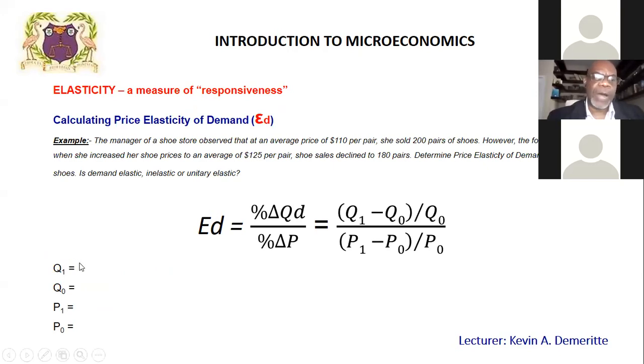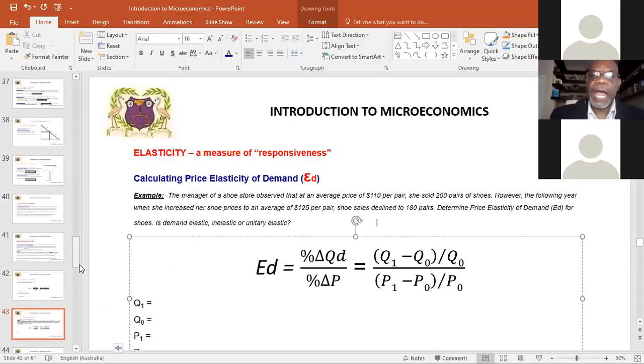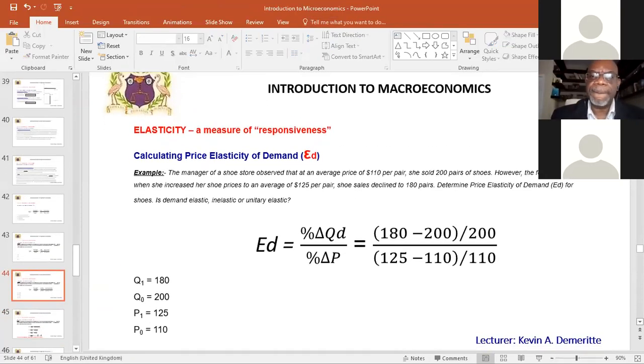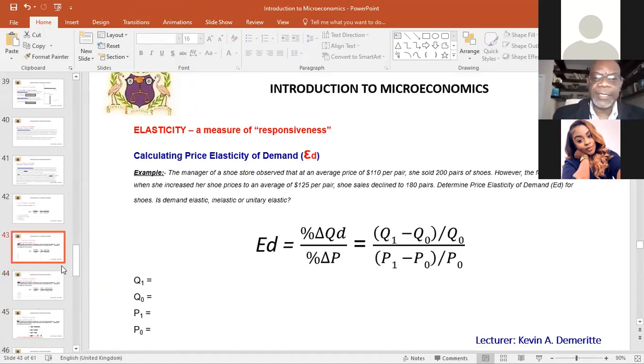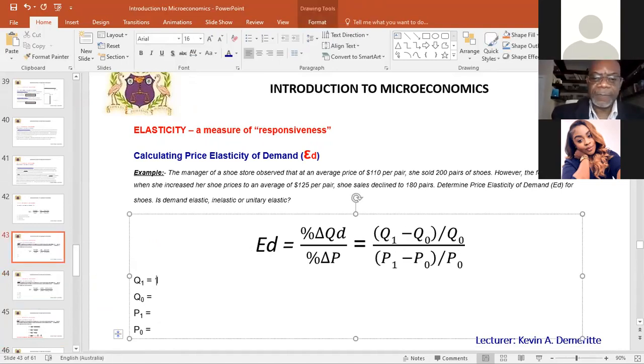So we go to our word problem and we're looking for a new quantity. The new quantity is 180, because this is what happens afterwards. So that means our old quantity is 200. And the new price is 125, and that makes the old price 110.